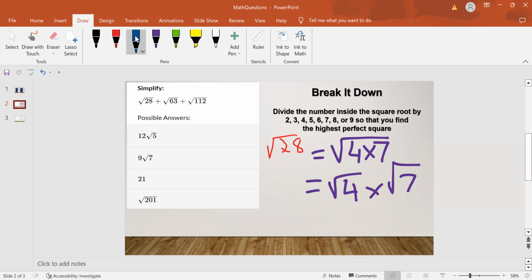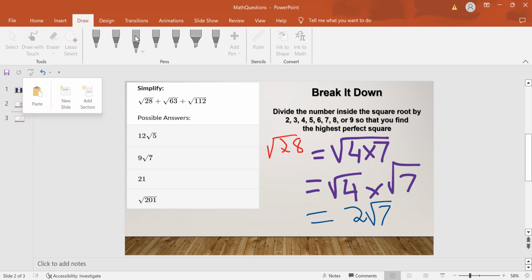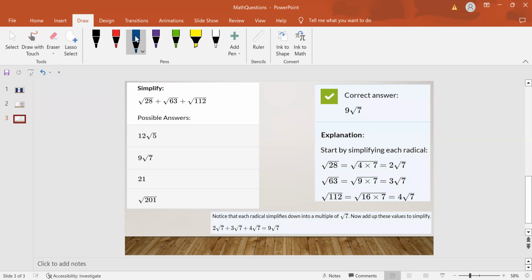Therefore, I'm going to rewrite the square root of 4 as a regular 2 and now multiply by the square root of 7, which is 2 square root of 7. The reason, if I go back to here, you see this is the square root of 28, which is the square root of 4 times 7, which is 2 square root of 7. So we break it down to get that.